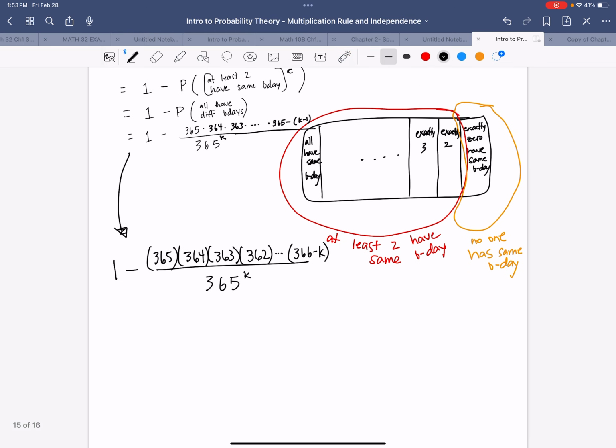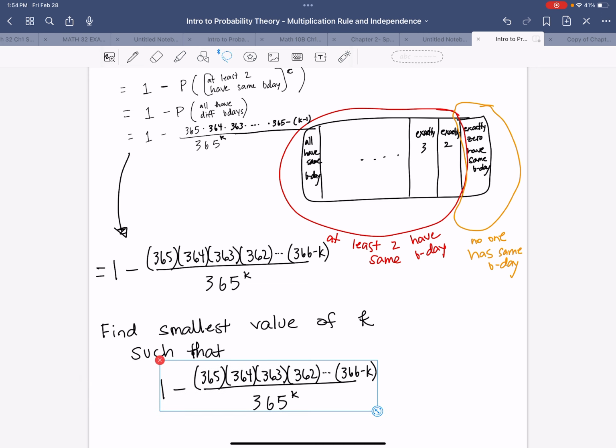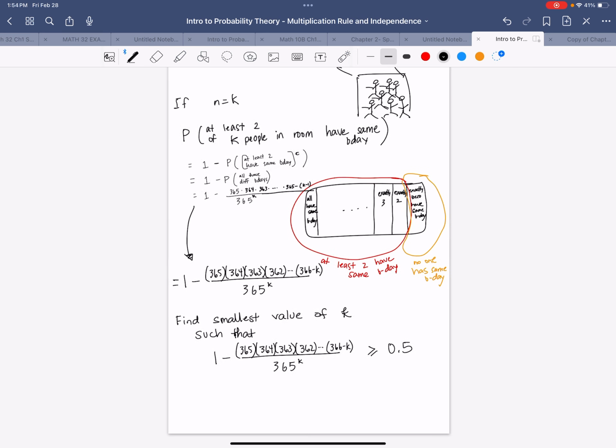So this is my probability, and I need to find the smallest value of k such that this is bigger than or equal to 50%.